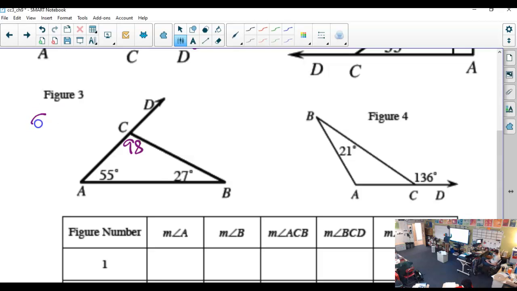Oh, so S's. This is why I avoid S's. That's a really good point, Max. I avoid S's when choosing variables. Okay, so that's 82. So 82 plus 98.